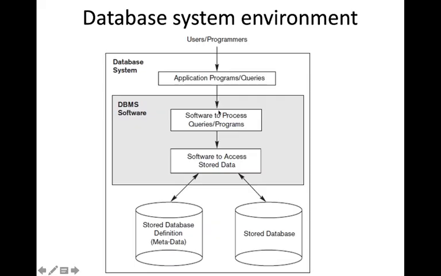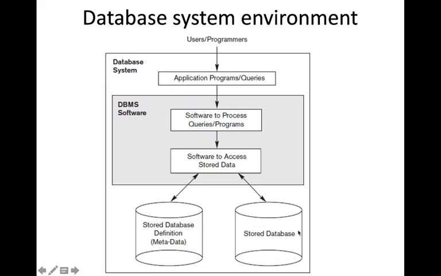Then there will be software inside this DBMS software that will process these queries, and there will be software to access the stored data, which is stored in the secondary medium. It may be in the hard disk or in the cloud. That data will be stored in the database. And we have another stored database, which we call metadata. It is the data about this data.